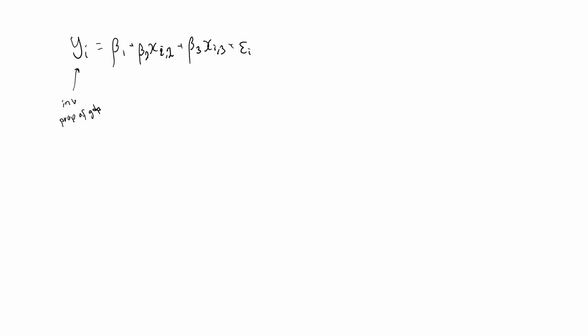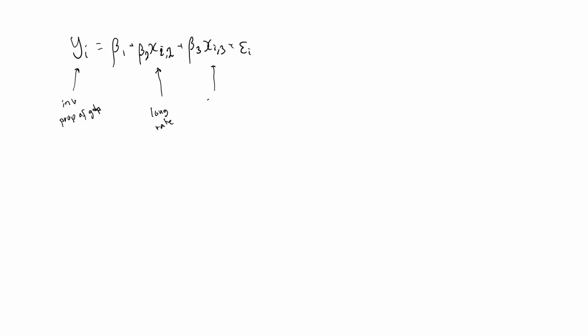Let's say we want to explain investment using interest rate, and we want to use, let's say, the long run interest rate, perhaps the 10-year interest rate. It's not so important.